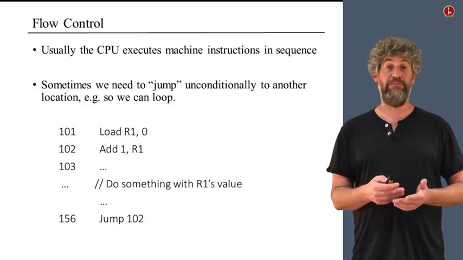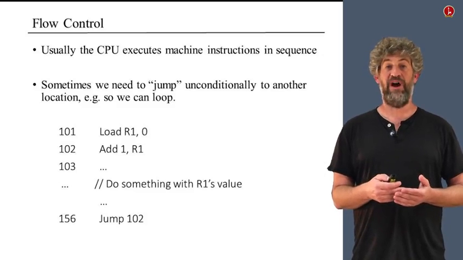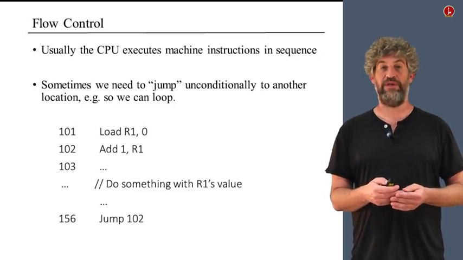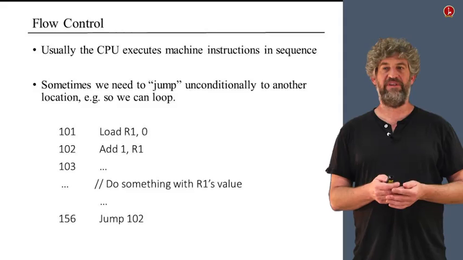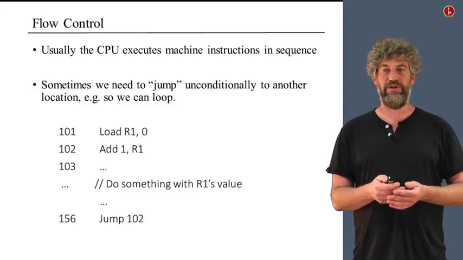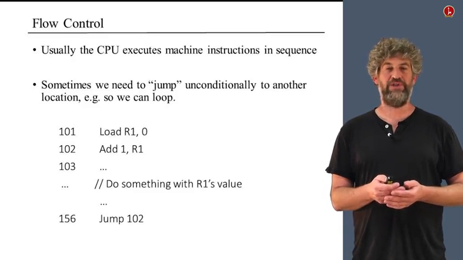And machine languages always have some kind of capability that the software tells the hardware to do something again, or to return back, or to jump to a different direction. Notice that the actual addresses 101, 102, and 156 are not really that important. What is really important is that when we jump to address 102, it needs to be the address that we actually mean.